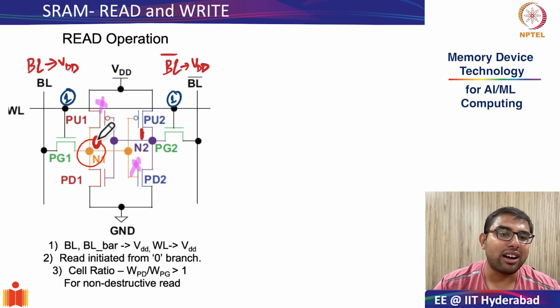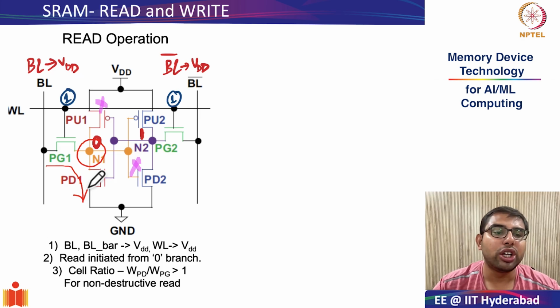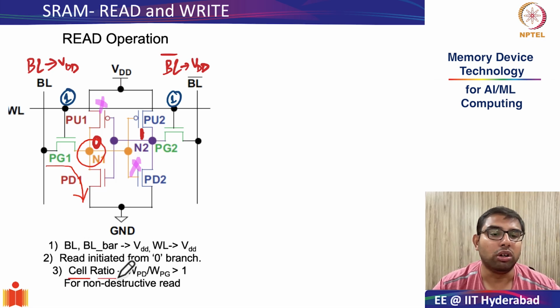And the moment you turn on the word line, through this particular path from PG1 to PD1, you could have a read current. But this read current does not flip the storage node N1. So essentially we have a non-destructive read only by virtue of the fact that you have maintained a cell ratio in the design of the SRAM cell.